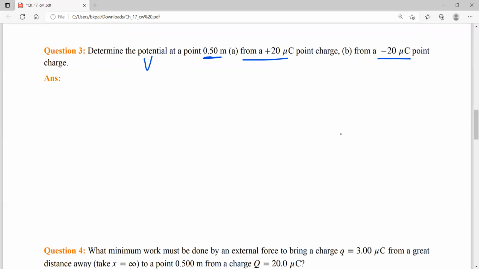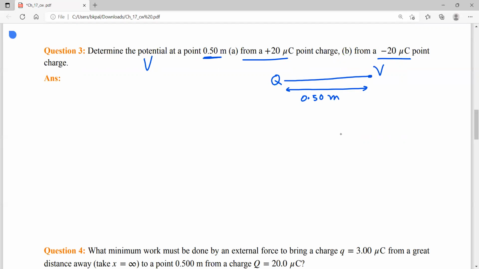If I draw the situation, here is our charge. For A it is a positive charge, for B it is a negative charge. Let's say this is the point which is 0.50 meter from the charge. At this point we have to calculate the potential.